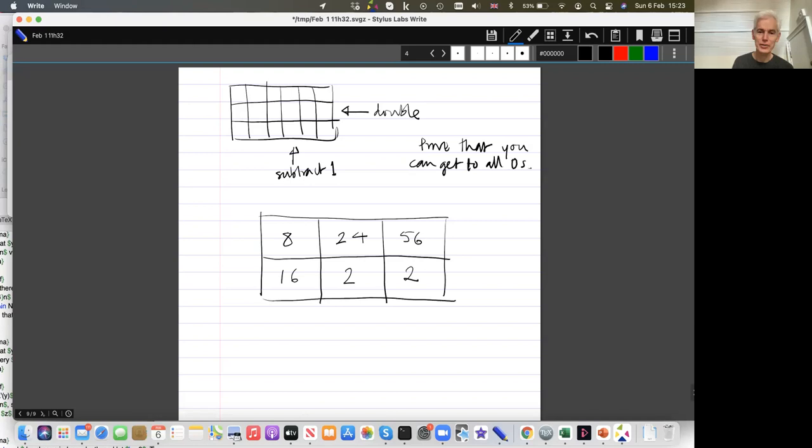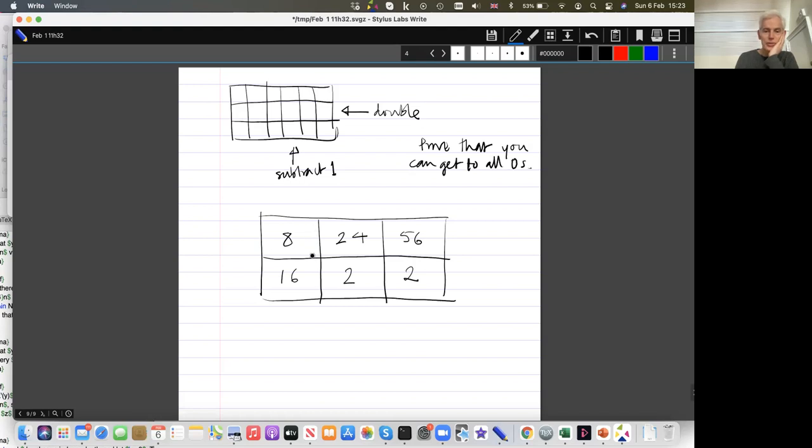I somehow want to balance things out a bit more. But how's that going to work? Well, I can obviously make everything in the top row bigger than everything in the bottom row. So actually that's what I'm going to do.